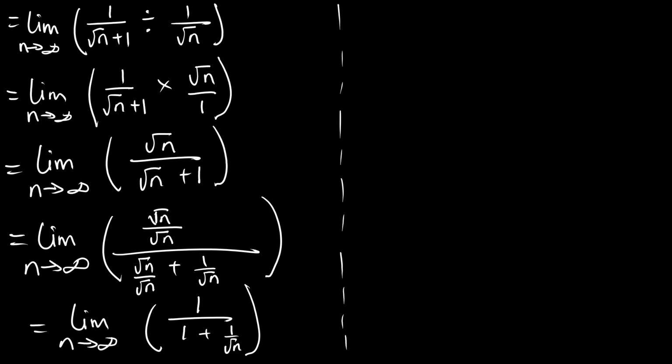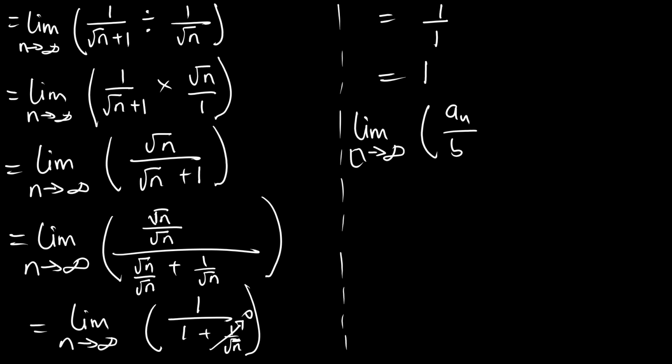Now, if we put in the value of n as infinity, we can see that root of infinity is going to be a large number. 1 divided by that large number is approaching what? 0. So at the end of the day, what we are getting is 1 on 1, which is going to be 1. And remember, we said that after using the rule an on bn, we are going to get a number which is L, a positive finite number.